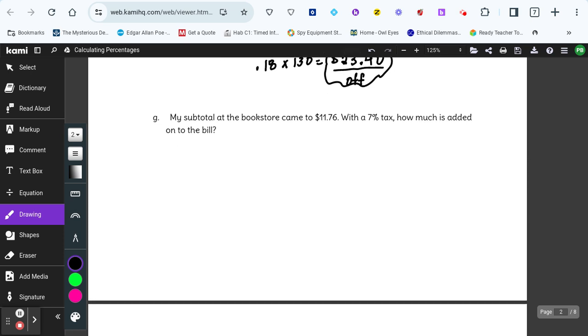All right, G, my subtotal, which is the total before tax, at a bookstore came to $11.76. With a 7% tax, tax is something that they add onto your bill. How much is added onto the bill? And taxes are used to help support schools.